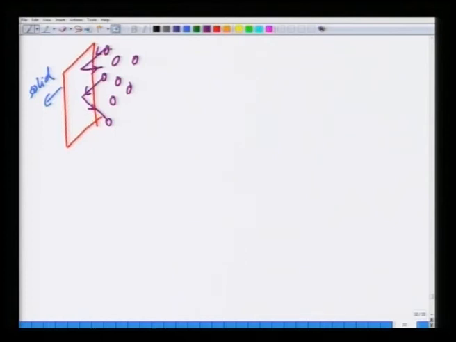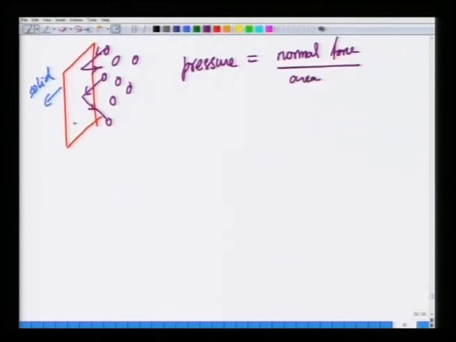So, the pressure is fundamentally defined as the normal force per unit area of the solid. By normal force, I mean the force that is perpendicular to the plane of the solid. If n is the unit normal to the solid, it is the force that is exerted by the fluid on the solid in the direction of the normal, per area of the solid.